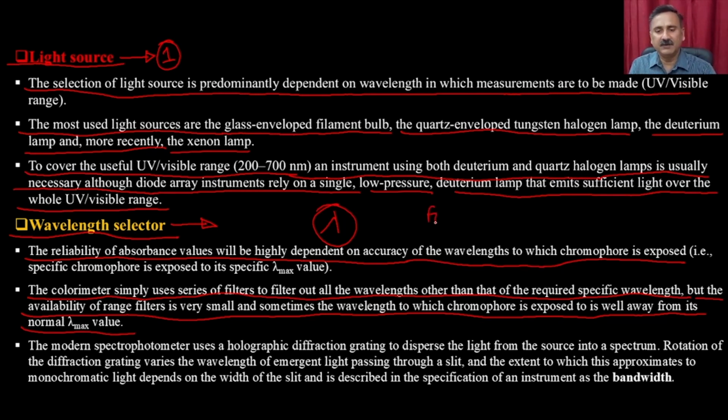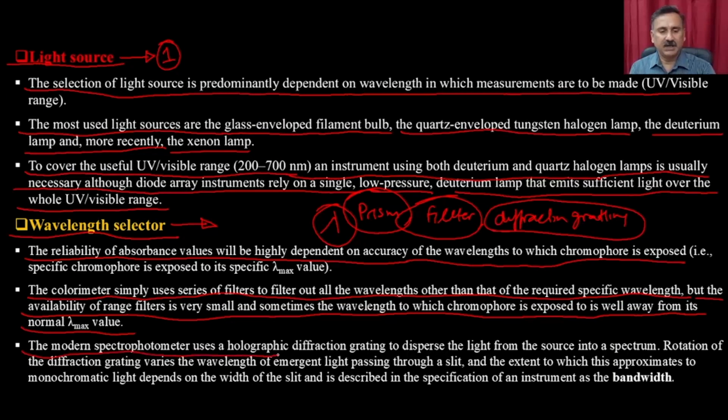You can have the filters, you can have the diffraction gratings, you can have the prisms, right. So depending on the price of the instrument, you can have different types of things, right. And that's how you can have the precision in selecting the particular wavelength.